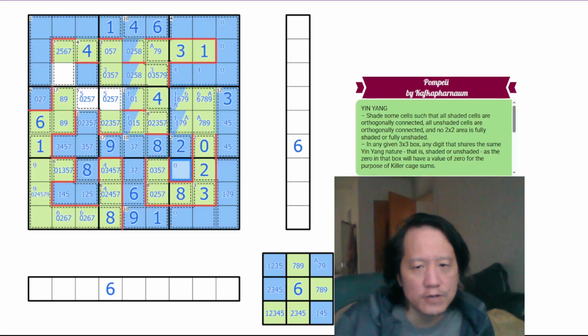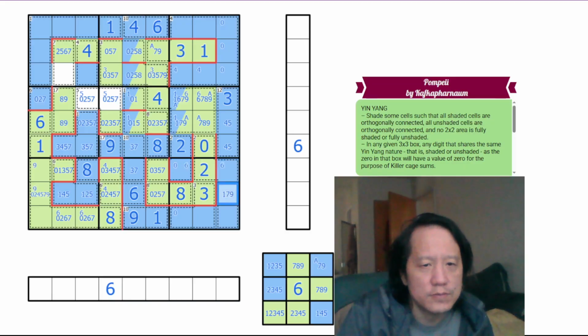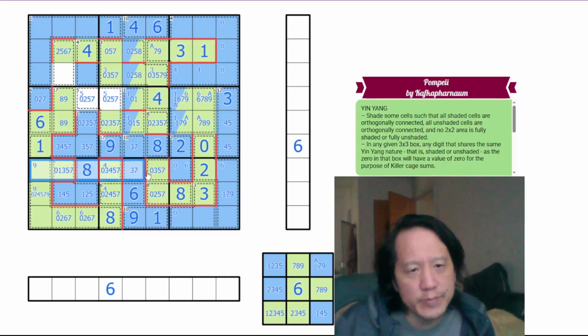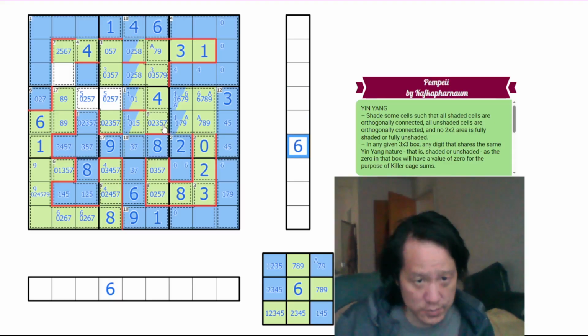Six is one of these two. What are the remaining digits in the row? Okay, so this is 6.